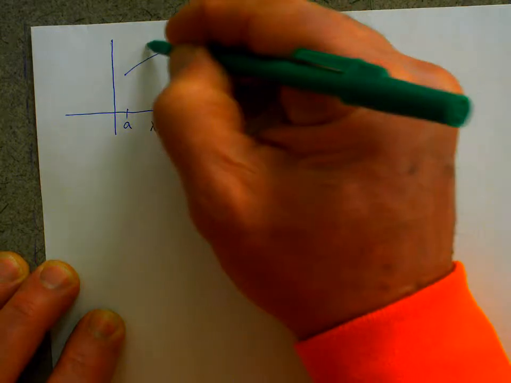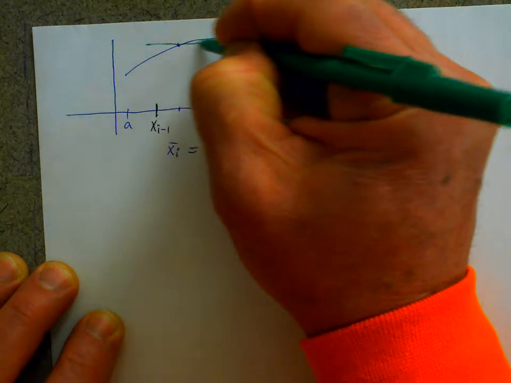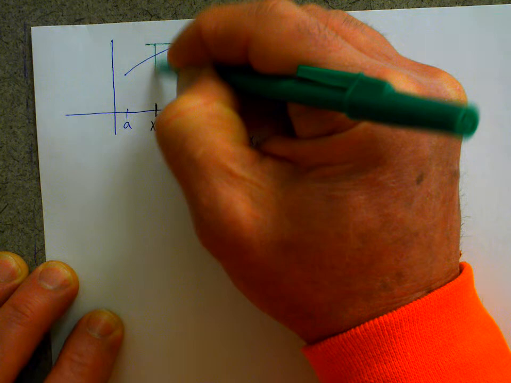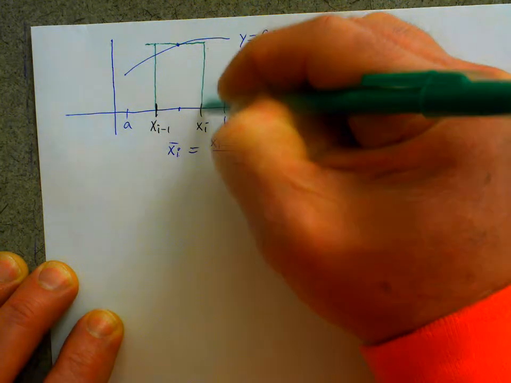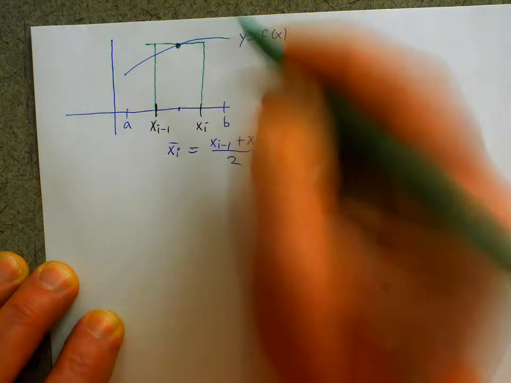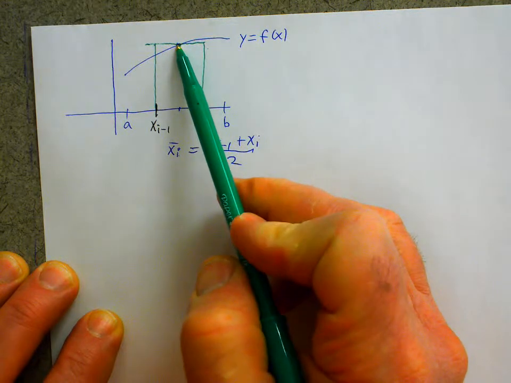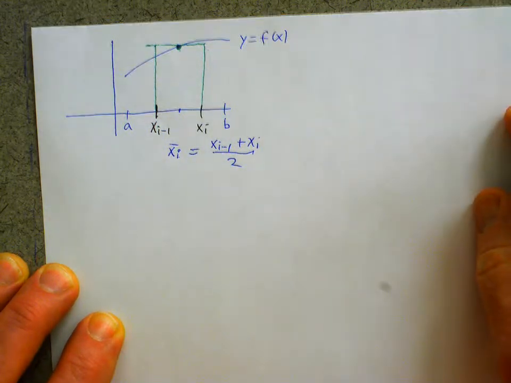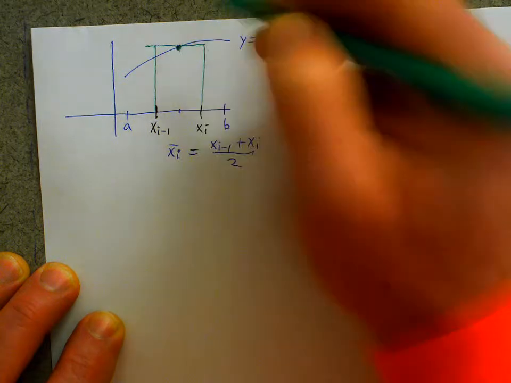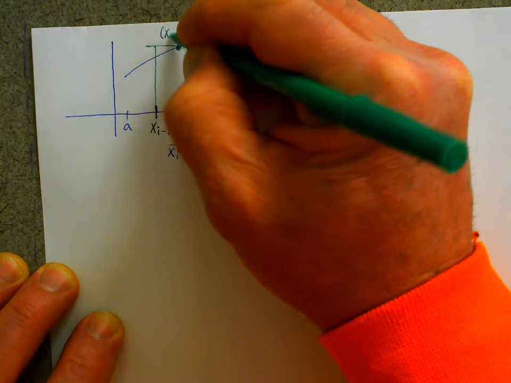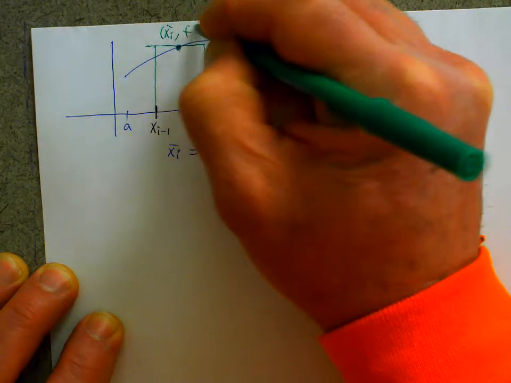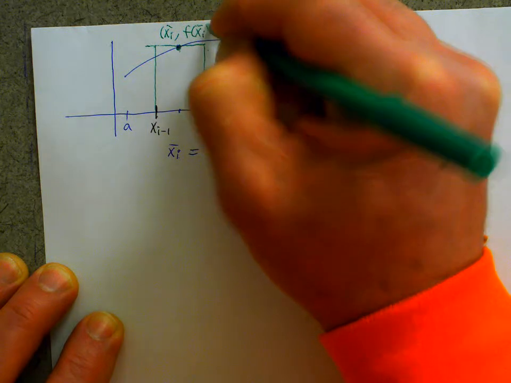So we have this rectangle, and the height of the rectangle corresponds to this point that's on the graph of the function. So this ordered pair is x sub i bar, f of x sub i bar.